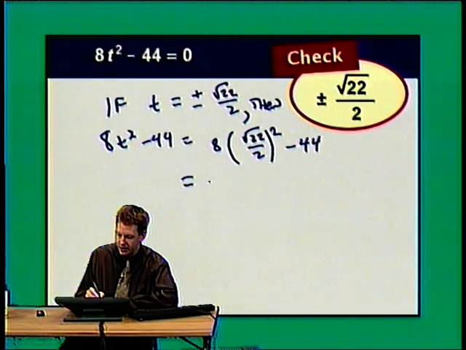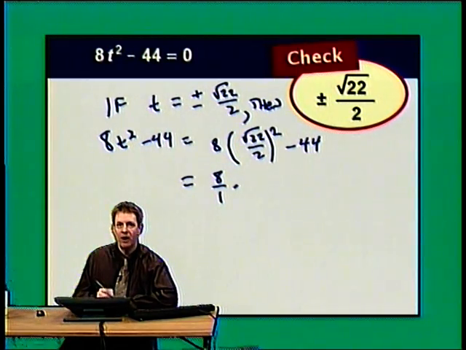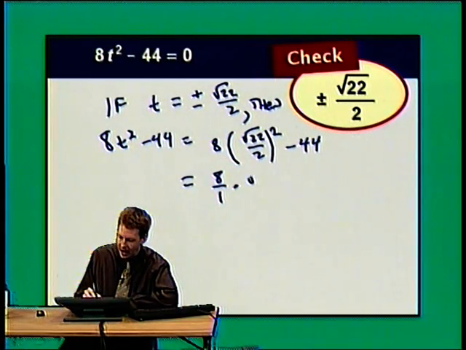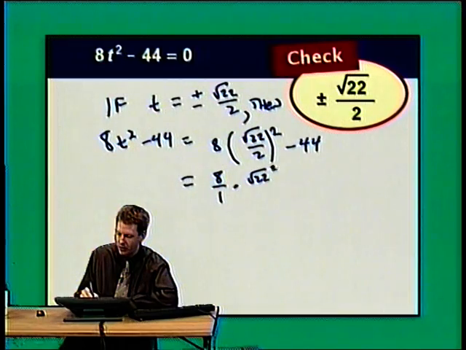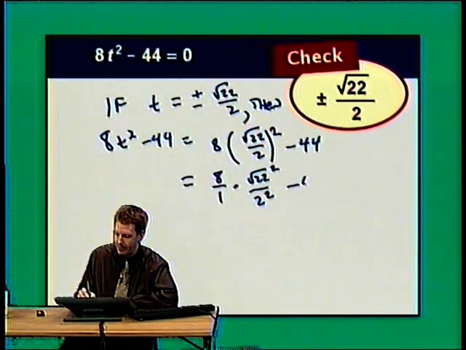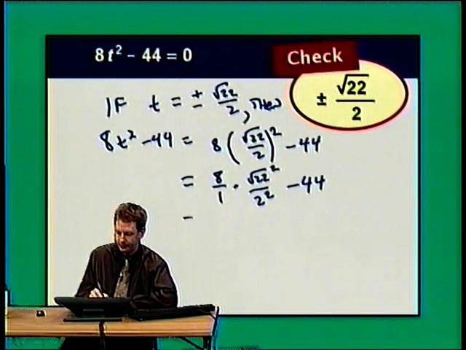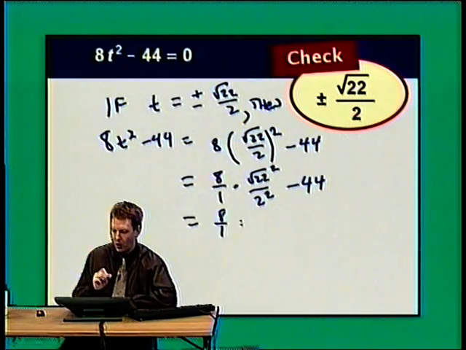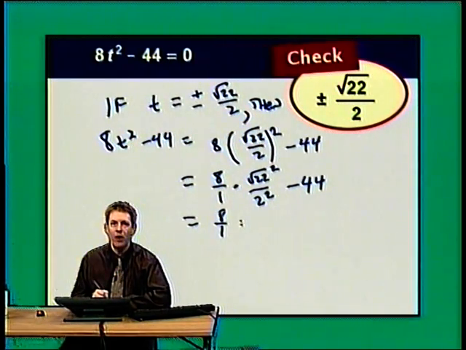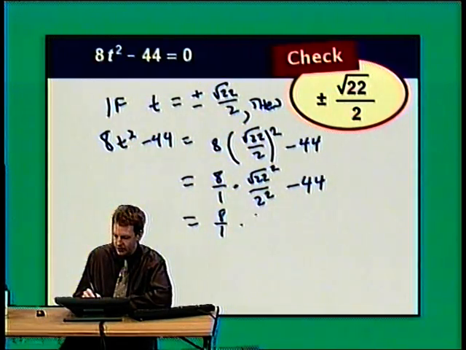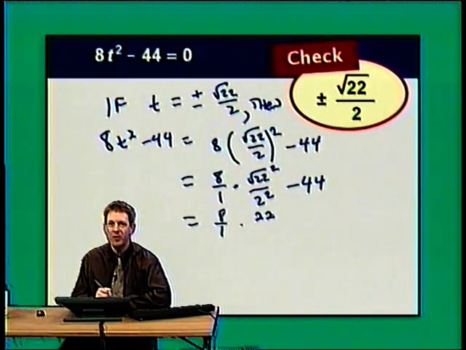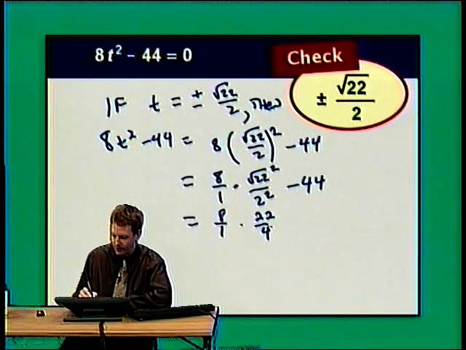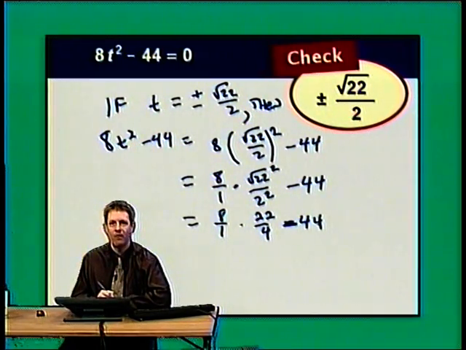So this is going to be 8 over 1 times, using one of my properties of exponents, I can distribute the square to both the numerator and the denominator of the fraction. So this is 8 over 1 times the square root of 22 squared is 22. That's the whole purpose of being the square root of 22. 2 squared is 4. And I'm still subtracting 44.